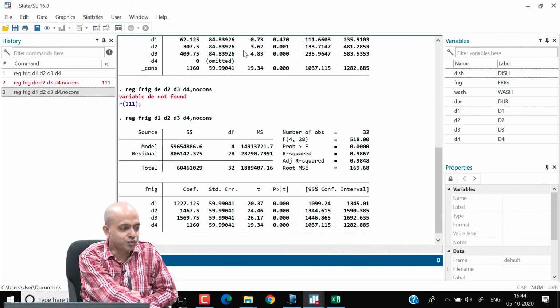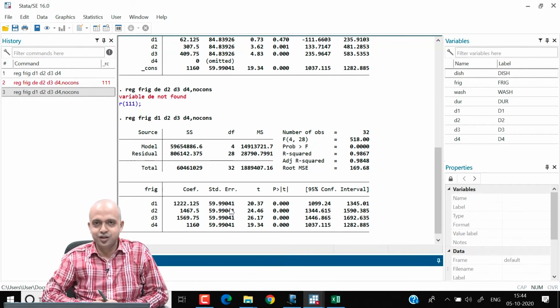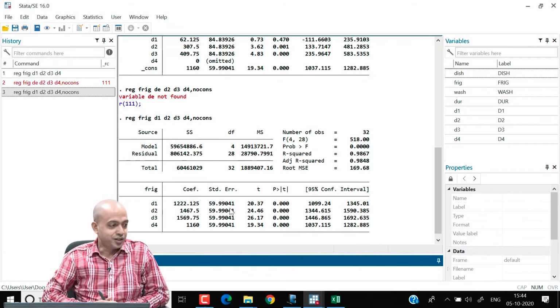So whether you fit this model or that model, the coefficients are actually the same. Only thing is that there you have to consider the fourth quarter as base since it is omitted.